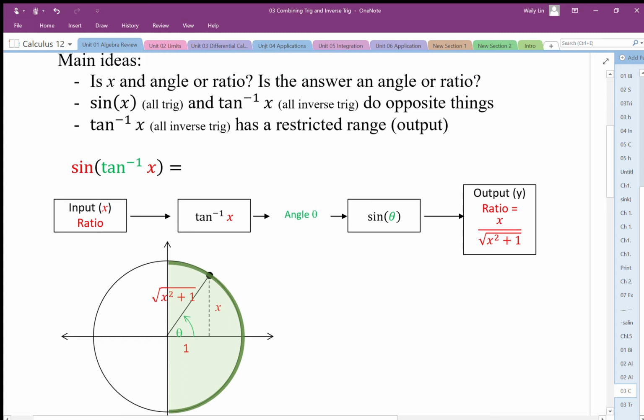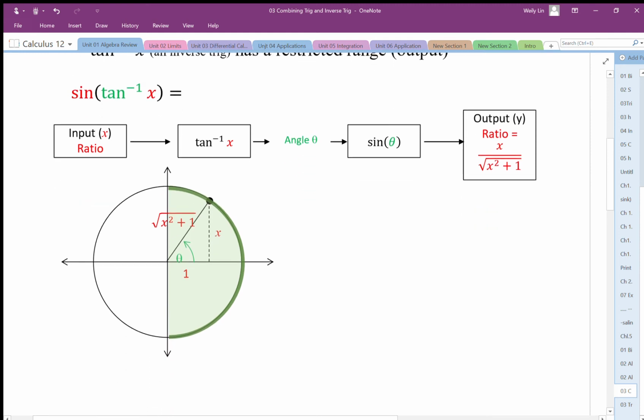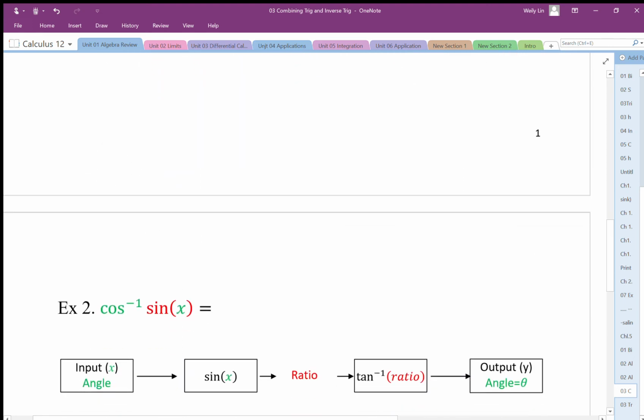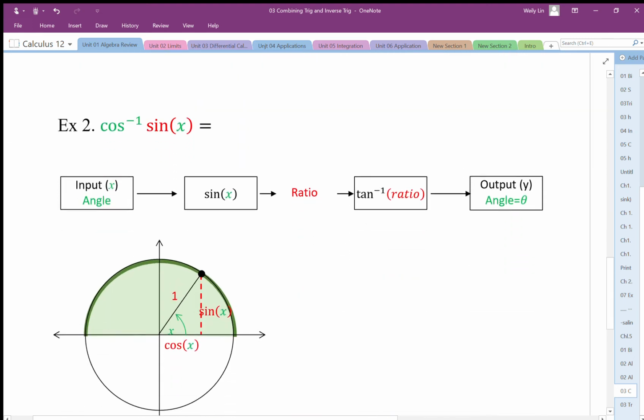So we went from, again, the flow chart is very important. We start with a ratio, this slope ratio. We end up with the angle, this angle here. And this angle is applied to this triangle as a sine ratio, and we want the sine ratio out of this triangle.